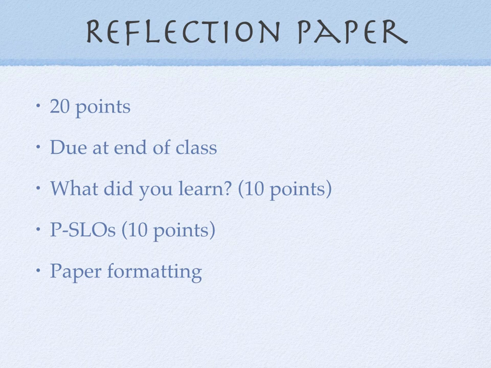What does PSLO number 3 and 4 mean, and what does the athletic training SLO number 2 mean? So you need to explain that, and then how you have satisfied them in this particular class and this assignment.